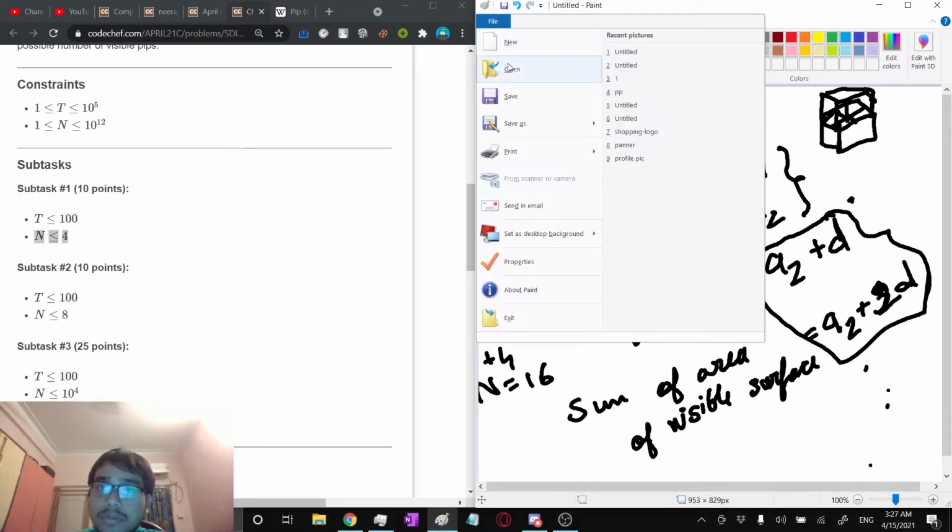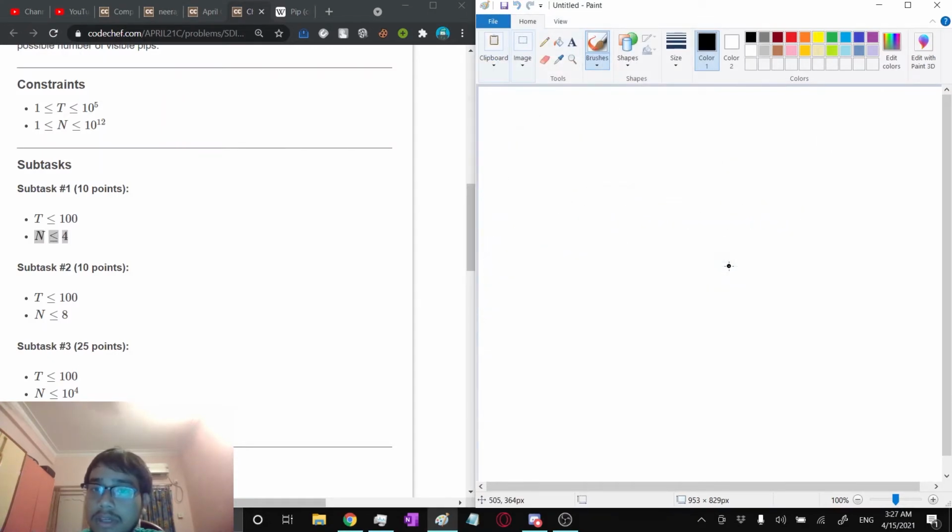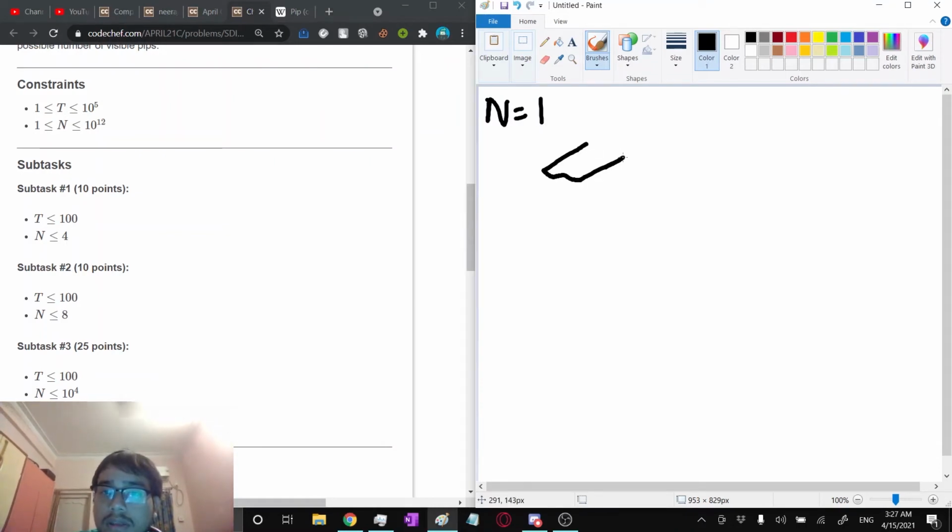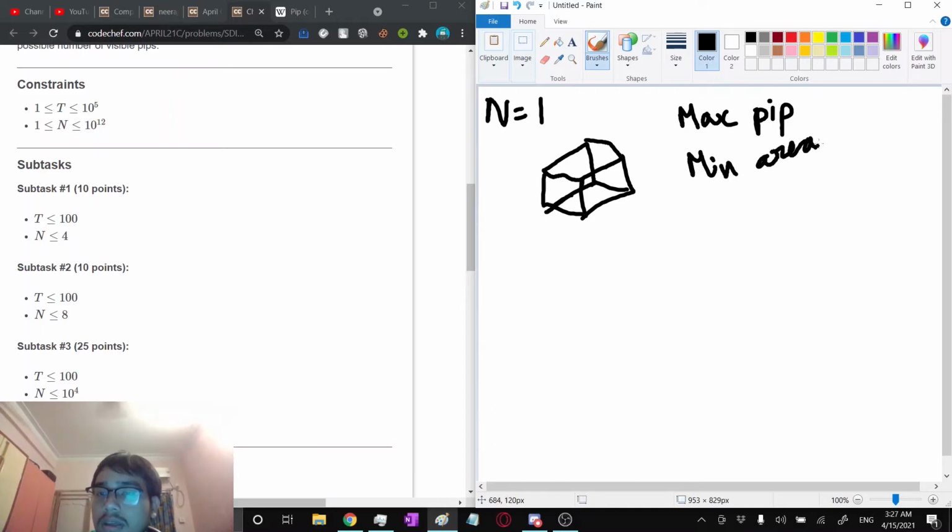Let's see what would be the area of each test case ranging from n equal to 1 to n equal to 8. If n equal to 1, there is only one die. We were given two conditions: max pip, min area.